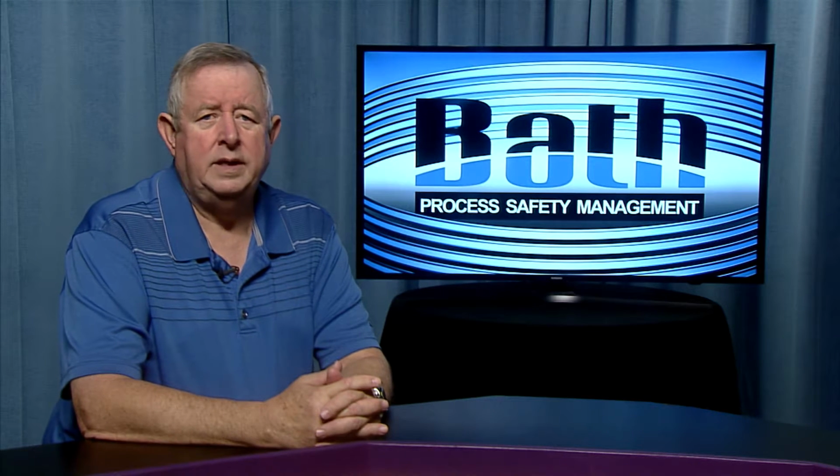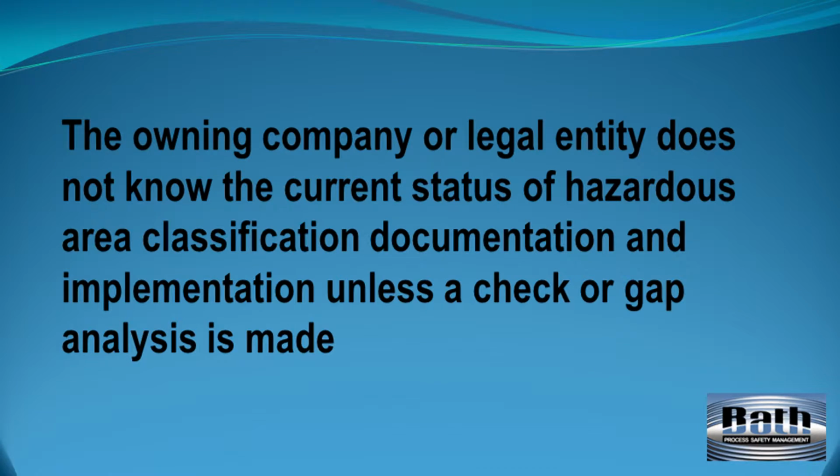The same is true for the hazardous area classification requirements that are put in place by OSHA 1910.119. The owning company or legal entity does not know the current state of hazardous area classification documentation and implementation unless a check or gap analysis is made.